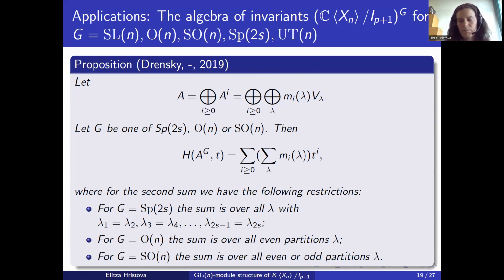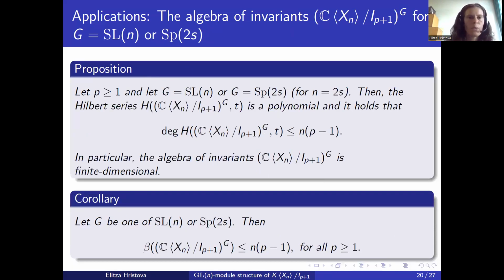And this is the result that we obtain when G is one of the groups SLN or the symplectic group SP2S. Then we have found that the Hilbert series is a polynomial. It's not a formal power series, but a polynomial. And the degree of this polynomial is bounded by this number, n times p minus 1. So in particular, this means that the corresponding algebra of invariants is not only finitely generated, but also finite dimensional.